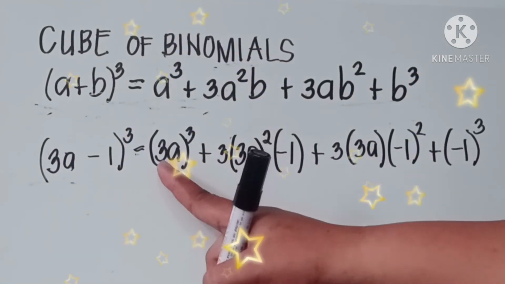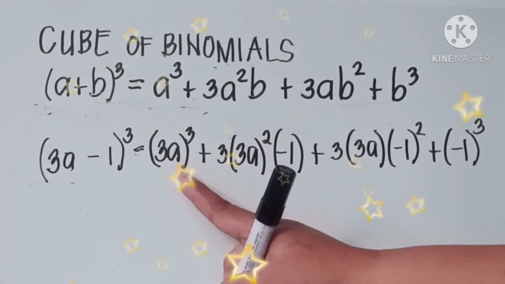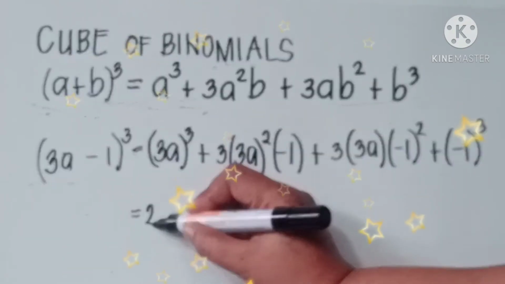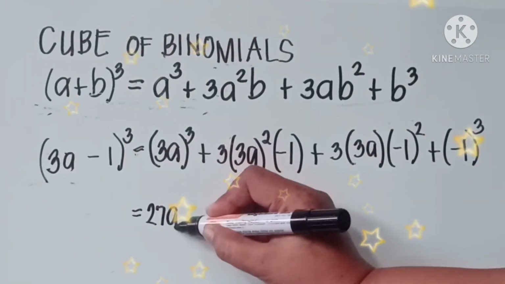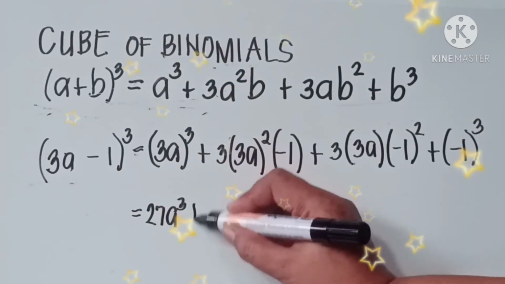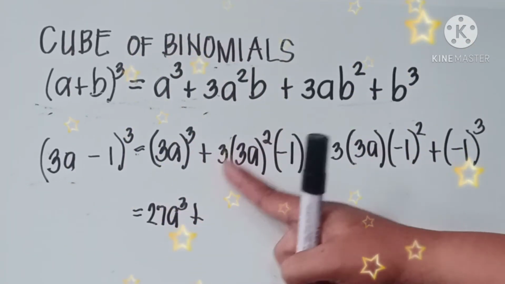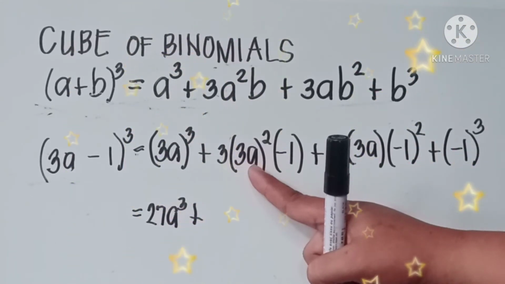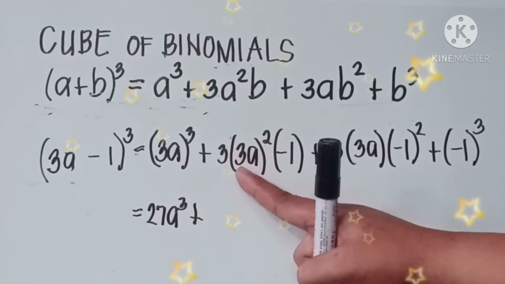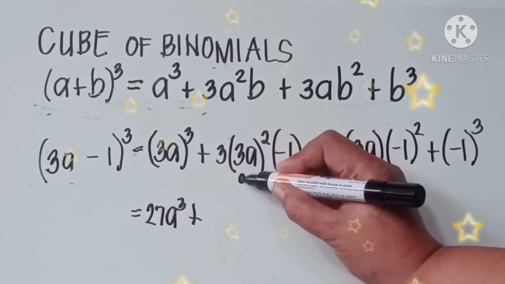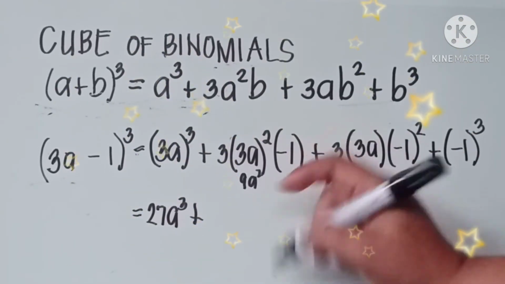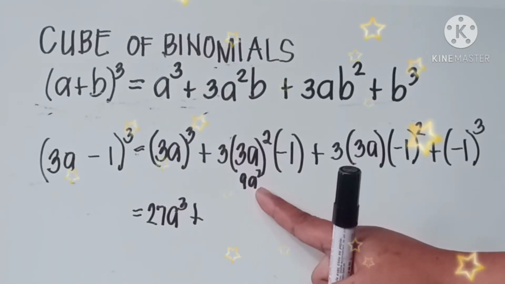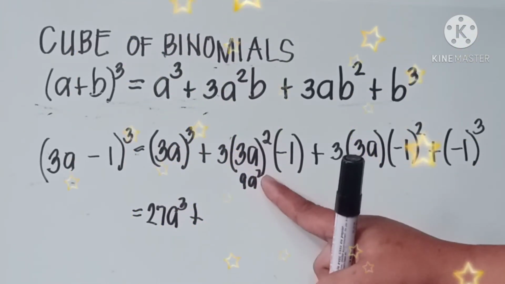Then, what is the cube of 3a? It is 27a cubed. Then, plus 3 multiplied by the square of 3a. So, that is what? What is the square of 3a? It is 9a squared. Then, multiply it by 3. Then, the answer is 27a squared.